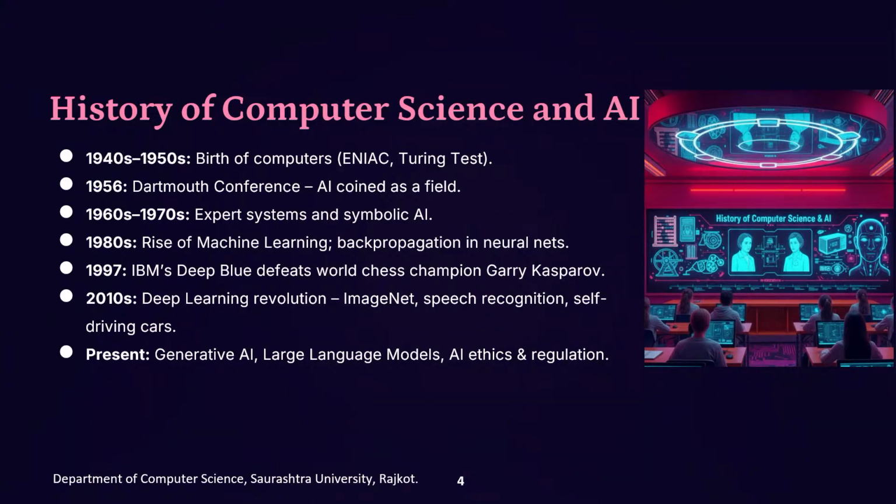So artificial intelligence is not a new subject. Even when I was a student in 1997, 25 or 27 years ago, I studied artificial intelligence. But nowadays artificial intelligence and its impact is seen in our day-to-day computer science industry.